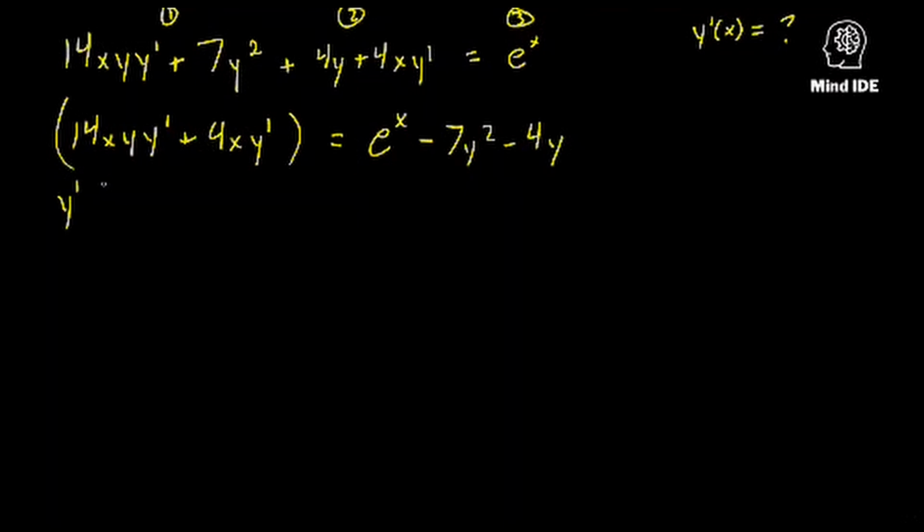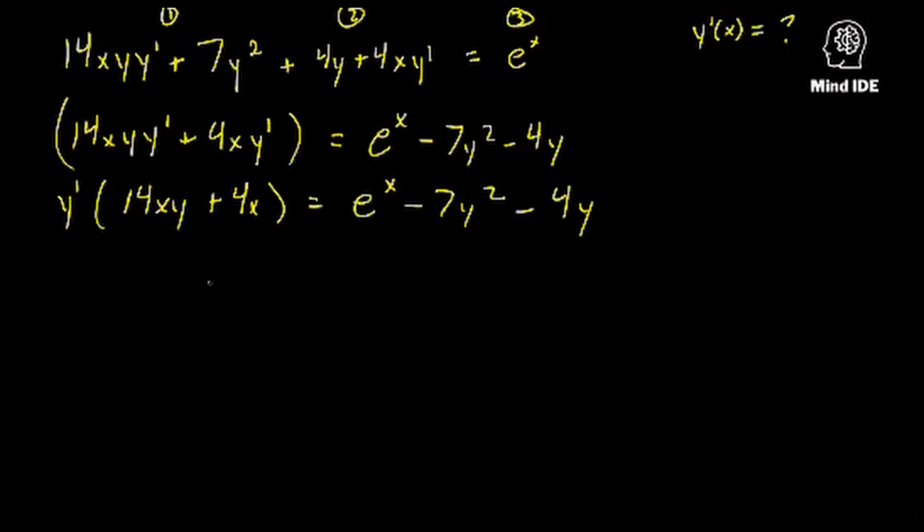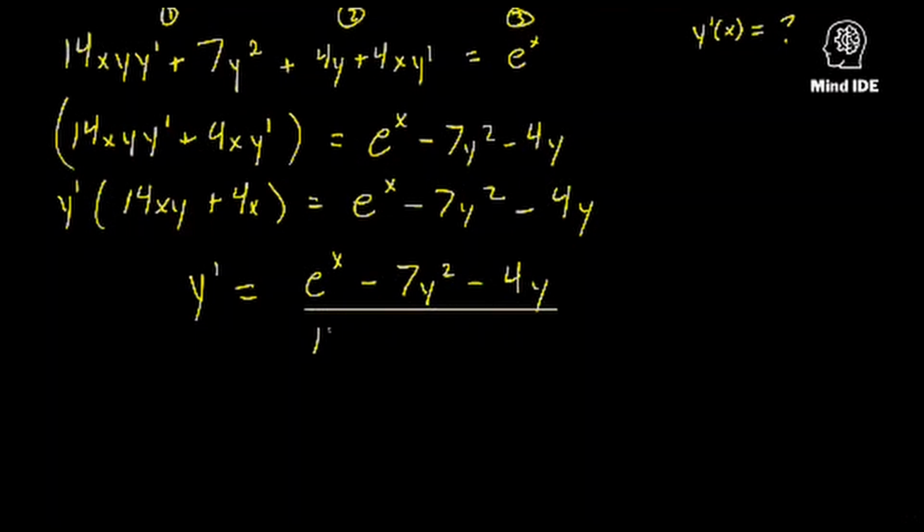Then we pull y prime out. 14xy plus 4x equals this stuff, e to the x minus 7y squared minus 4y. And then we simply divide. So we end up with y prime equals e to the x minus 7y squared minus 4y over 14xy plus 4x.